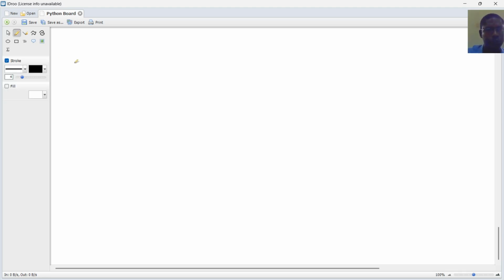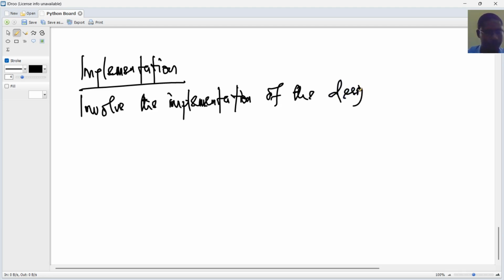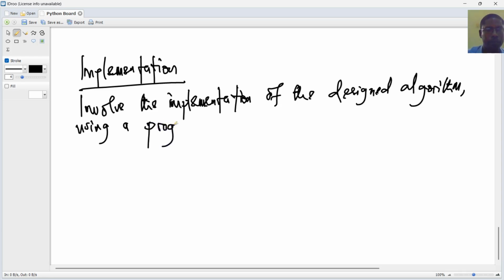So the implementation phase involves the implementation of the designed algorithm using a programming language.